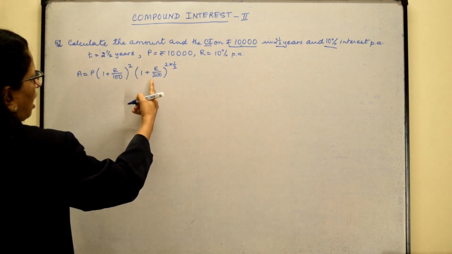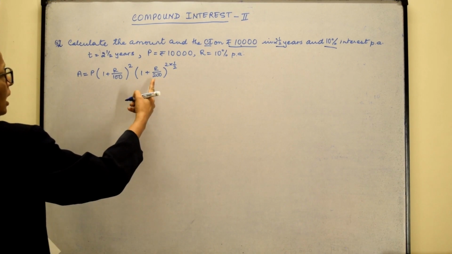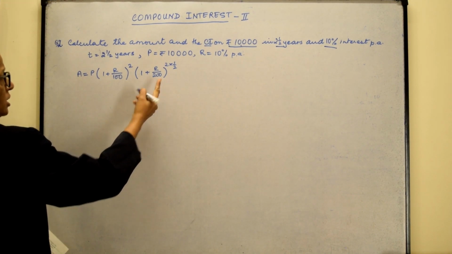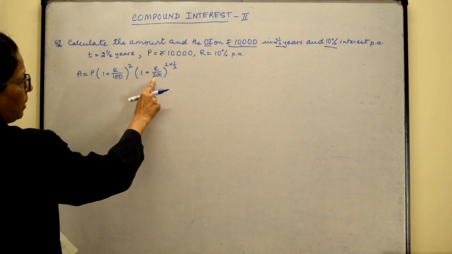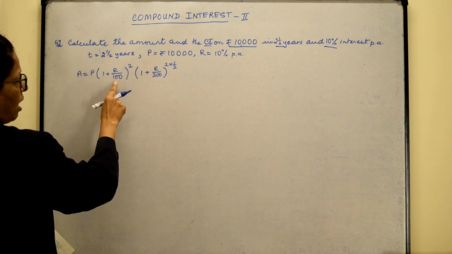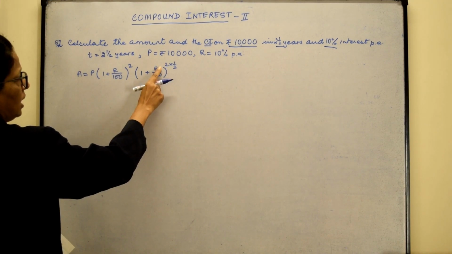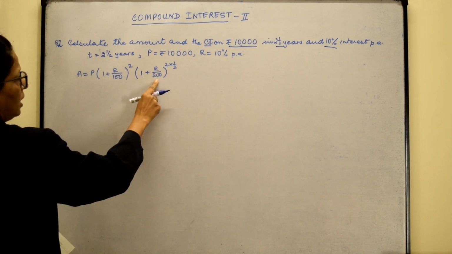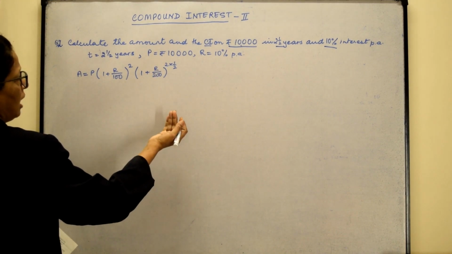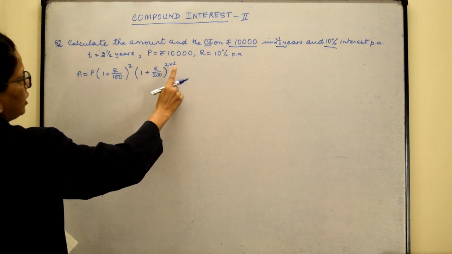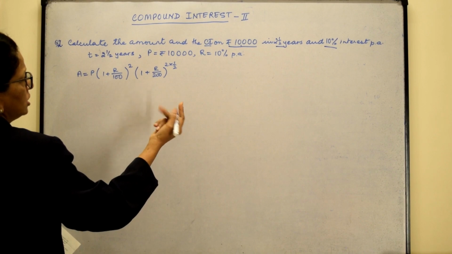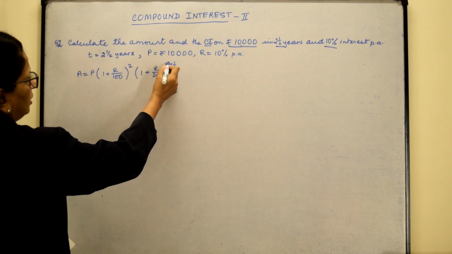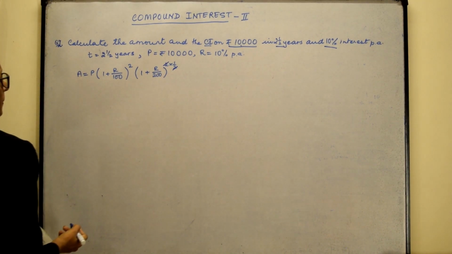Now this being the half yearly formula. In half yearly formula, the calculations are done every 6 months. So the rate per year gets divided by 2. So in place of R upon 100, we would get R upon 200, and each half year will be one calculation. So in 1 year there are 2 calculations, so for that half year there will be 1 calculation.